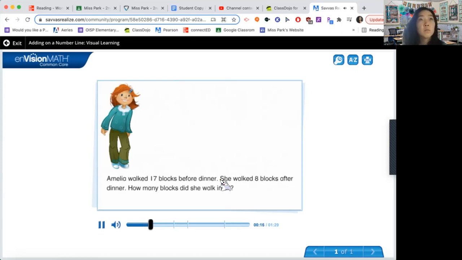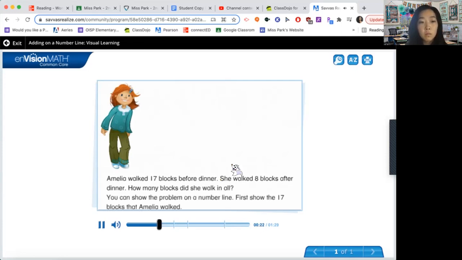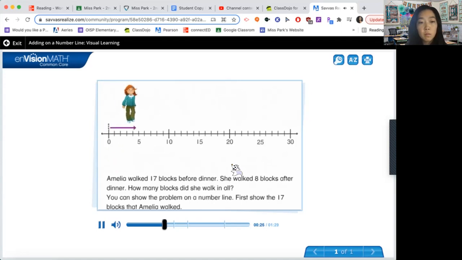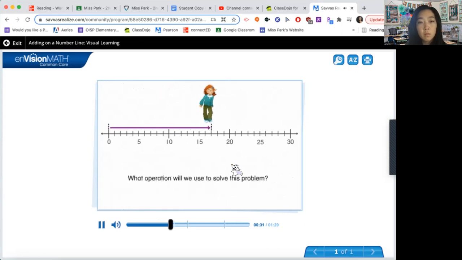She walked 8 blocks after dinner. How many blocks did she walk in all? You can show the problem on a number line. First, show the 17 blocks that Amelia walked. What operation will we use to solve this problem?